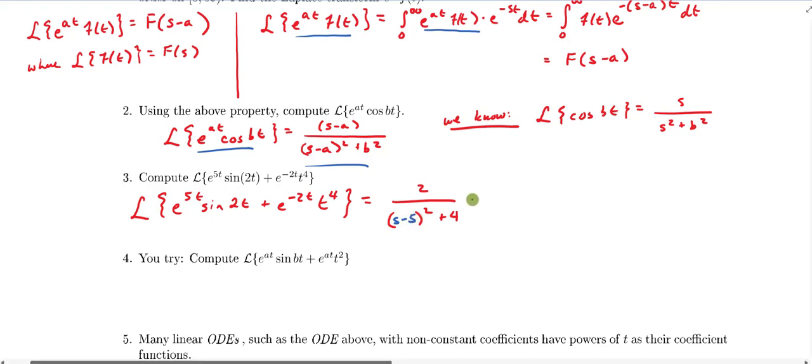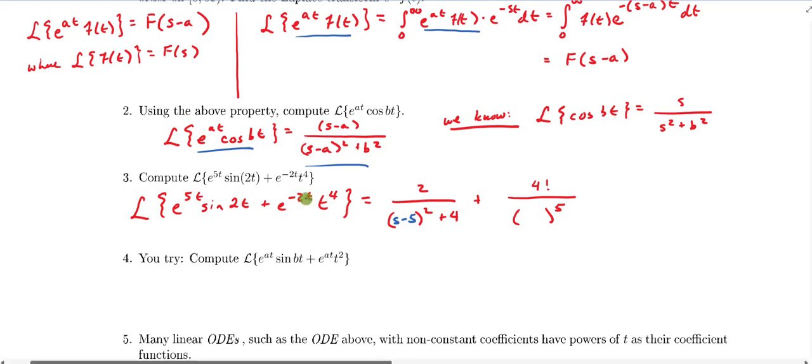Likewise, I know that the Laplace transform of t to the fourth should be 4 factorial over s to the 4 plus 1, so normally it'd be s to the 5th. But because I'm taking the function t to the 4th, whose Laplace transform I know, and multiplying it by e to the at, I'm going to take the transform of that function and shift it to the right a units.